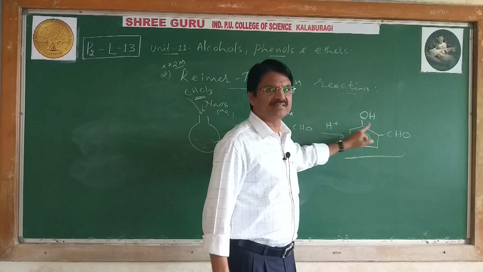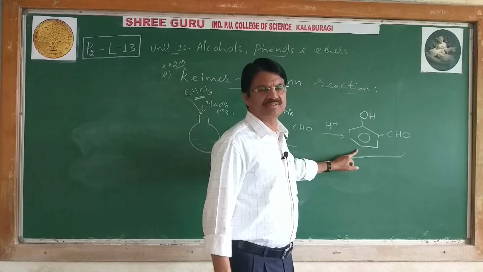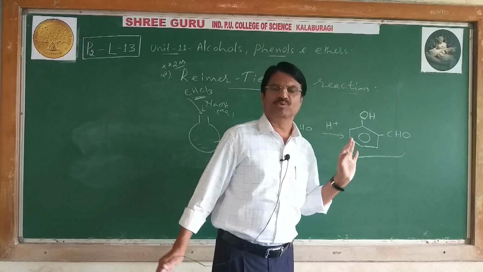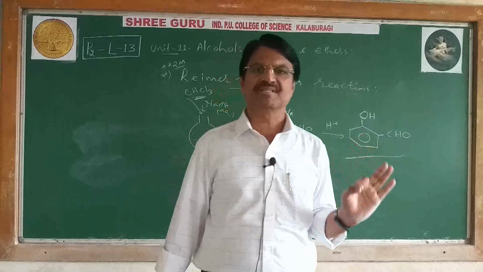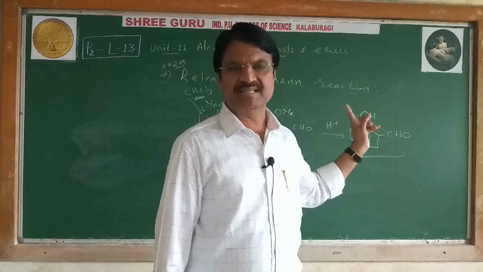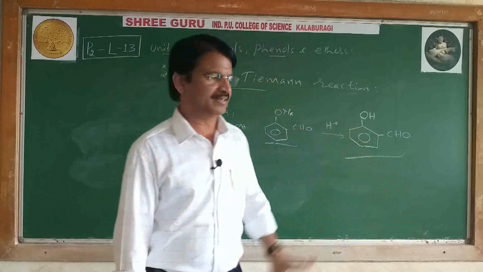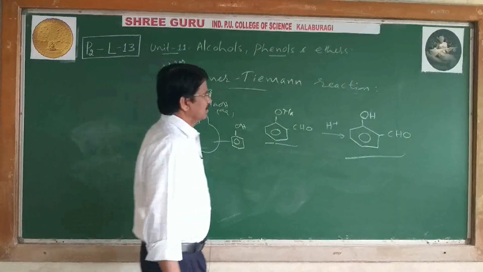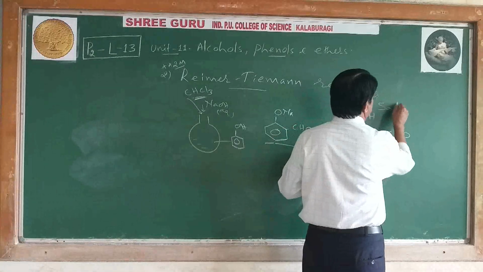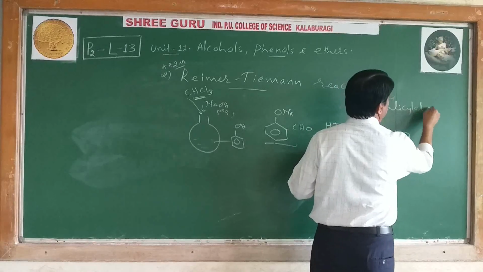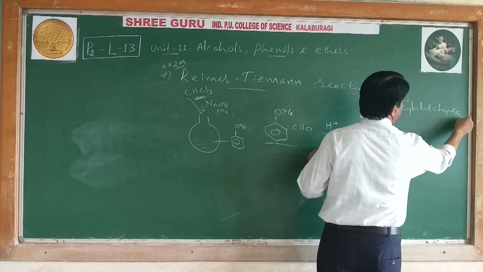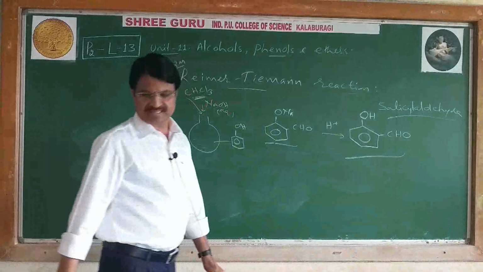If CHO is here, it is 3-hydroxybenzaldehyde, or 4-hydroxybenzaldehyde. Only 2-hydroxybenzaldehyde is called salicylaldehyde. The name salicylaldehyde is one word.